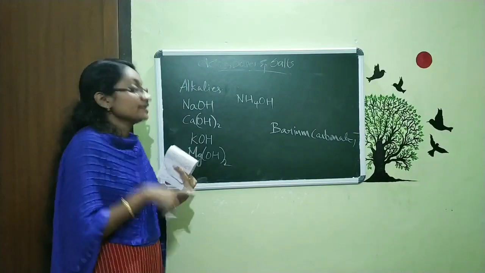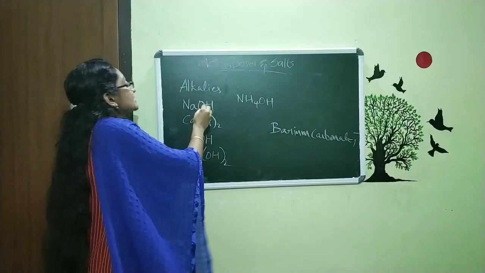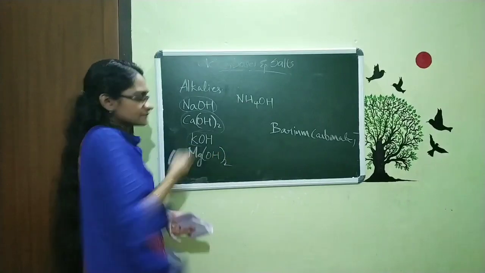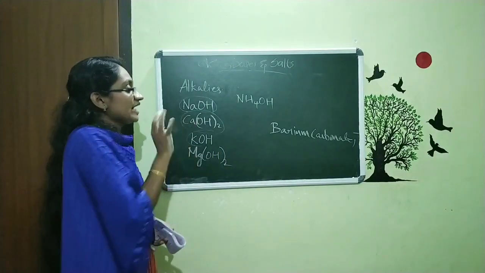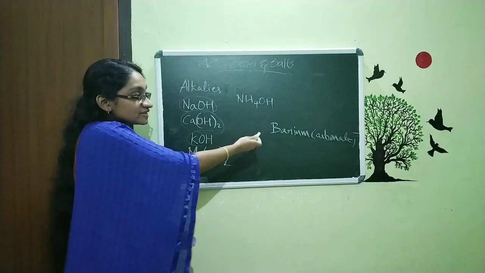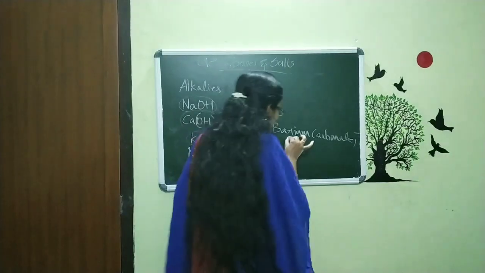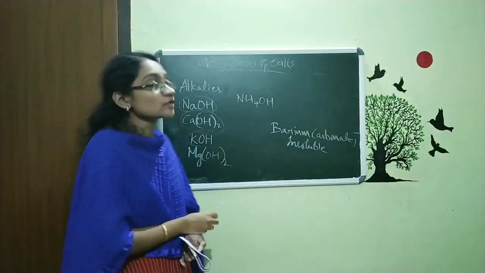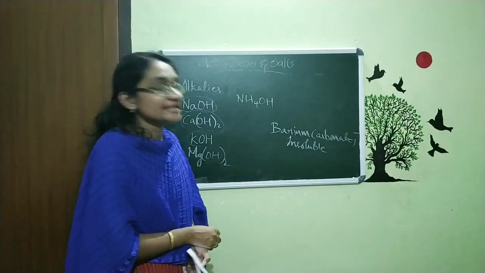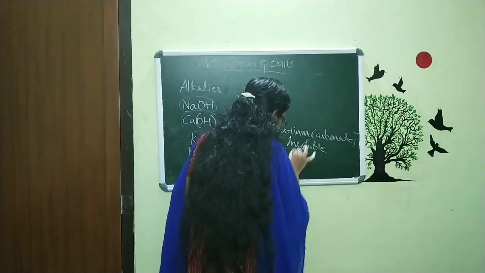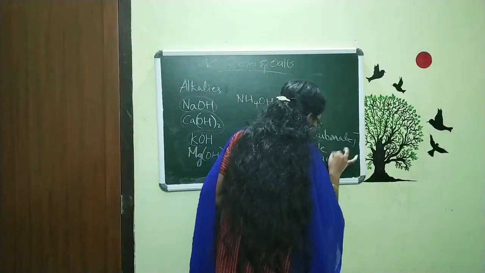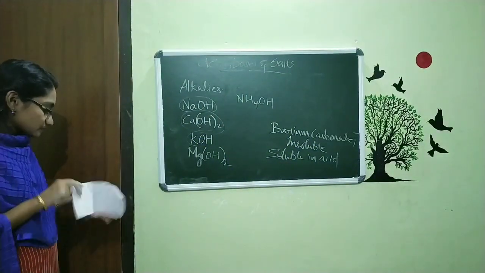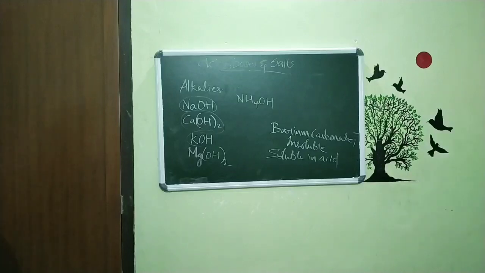Then you want to remember the names or examples of alkali, and also remember which is not alkali but is a base. This is insoluble in water but it is soluble in acid. So just remember the names of these.